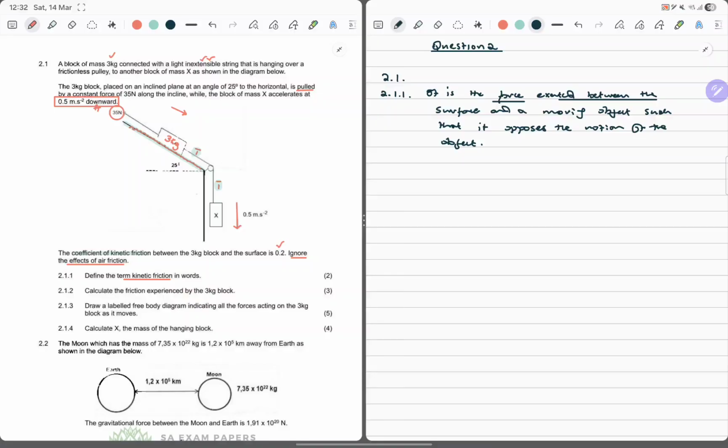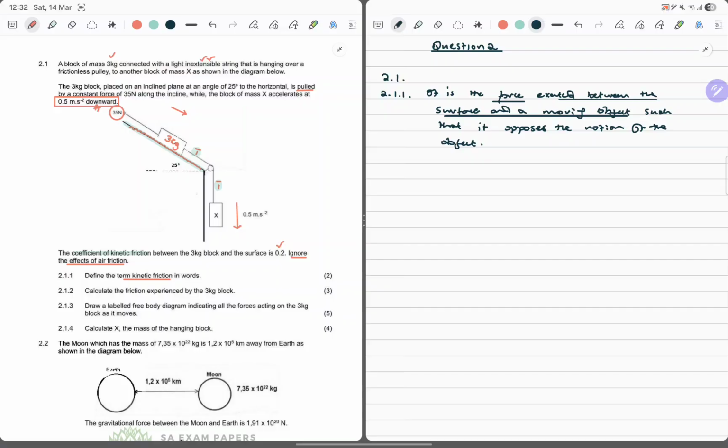For me, if you are moving an object where there's friction, you will see that there's going to be scratching on the surface as well as on the object. So for me, I think it's best to say it's a force exerted between the surface and a moving object. Keyword is that this object has to be moving such that this force opposes the motion of the object.